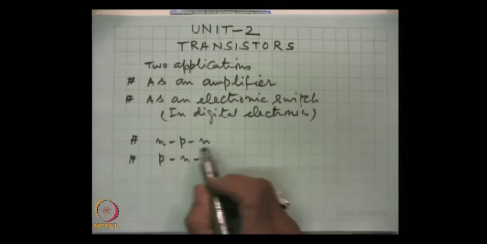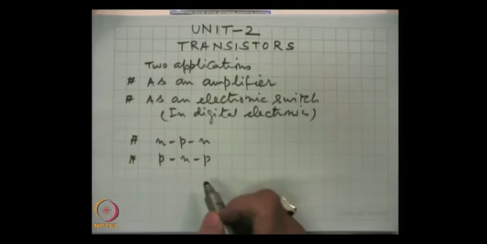In fact, there are three terminals in transistors, and the input signal is given which is amplified. Amplification we may consider as voltage amplification or current amplification, but it will be good enough if we talk mostly in terms of voltage amplification. Now, let us see first these two transistors, NPN and PNP.